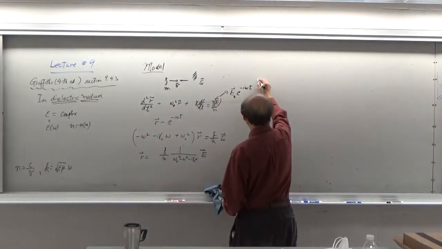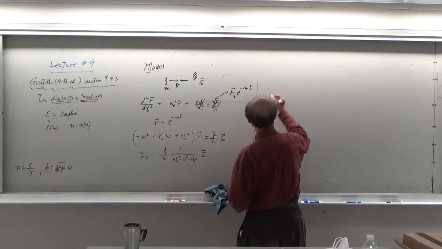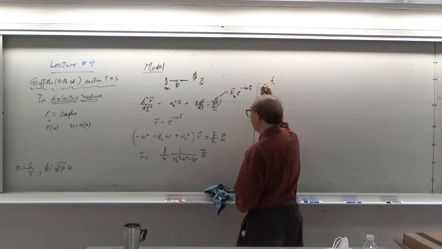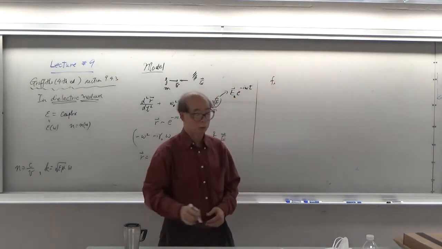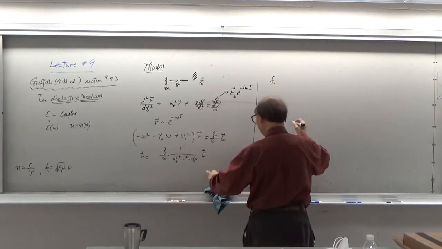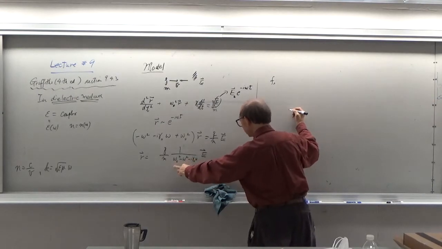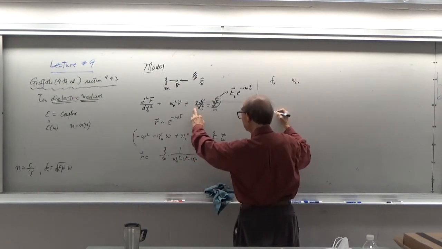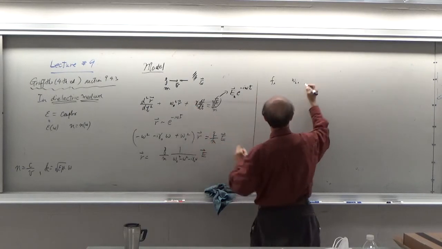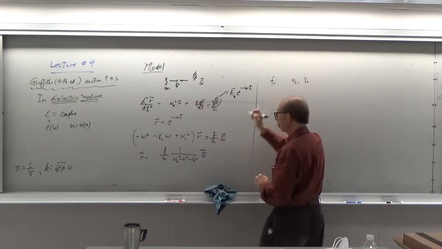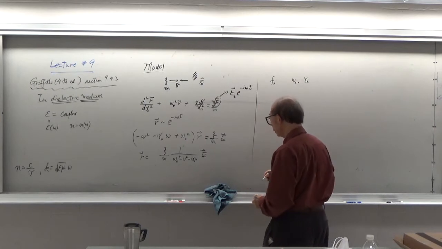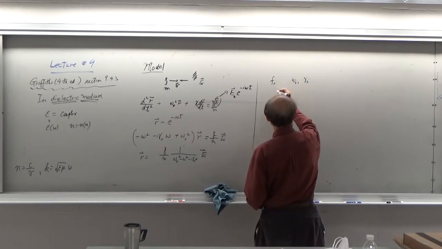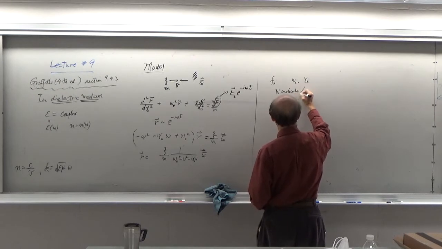Let's say that inside the molecule there are Fi electrons with intrinsic frequency omega I, and with the damping coefficient being gamma I. And let's say that there are N molecules per unit volume.